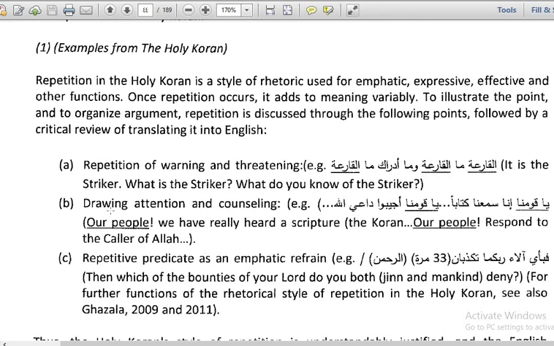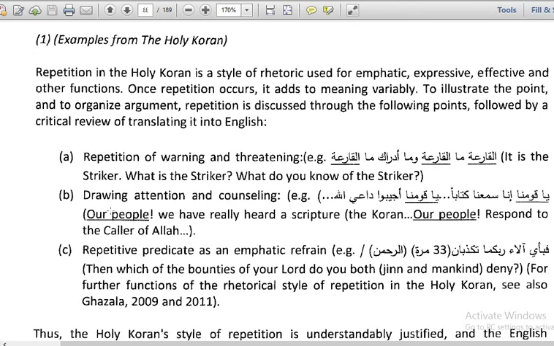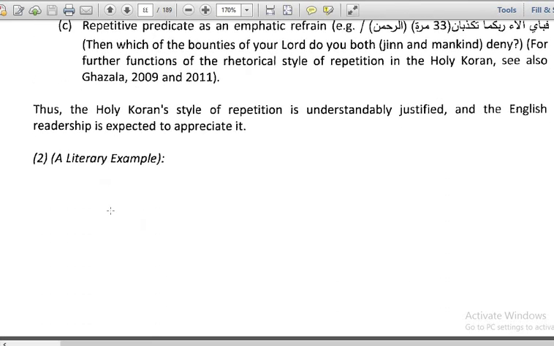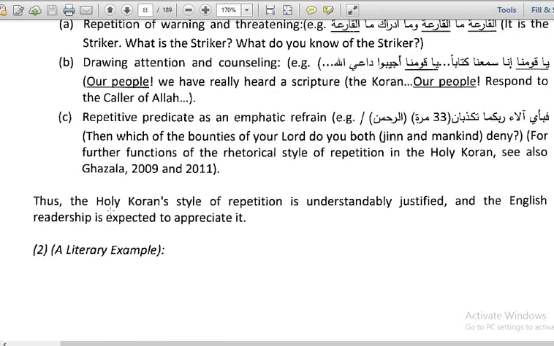So it can be used for warning, threatening, or drawing attention and counseling, or repetitive predicate as an emphatic refrain. For example, الرحمن فبأي آلاء ربكما تكذبان. Thus, the Holy Quran's style of repetition is understandably justified, and the English readership is expected to appreciate it.